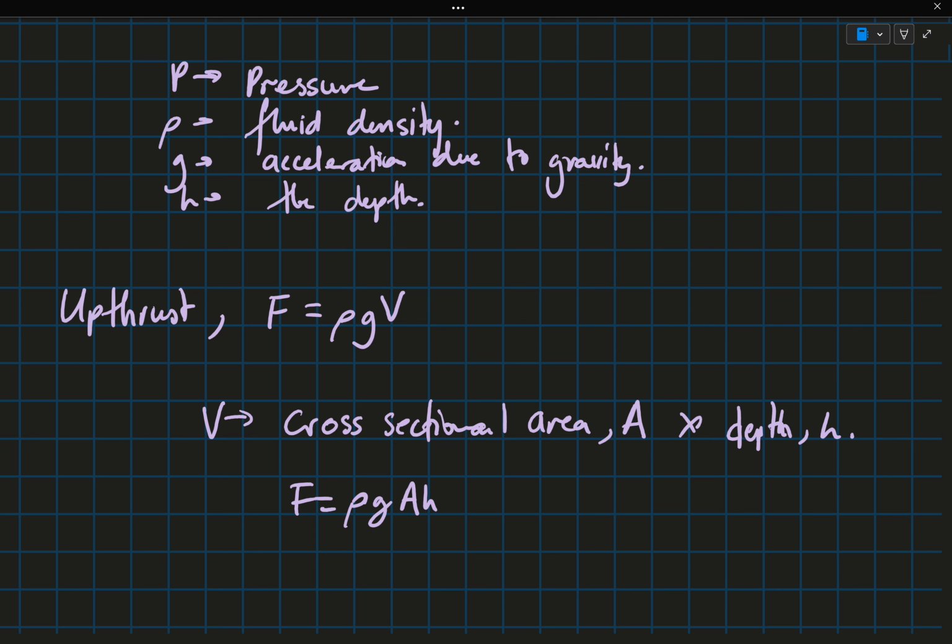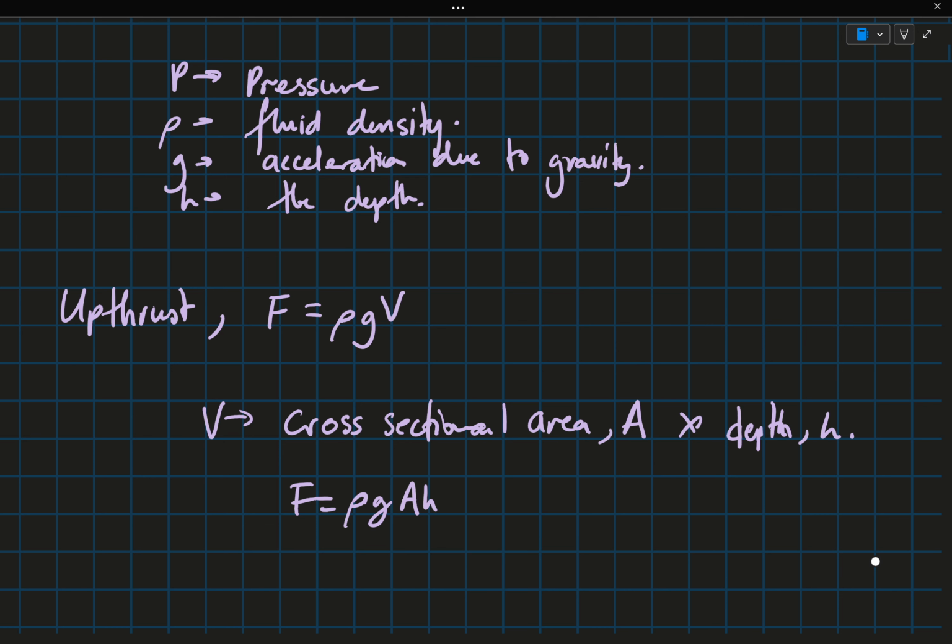So we're looking at the area of the thing immersed in the liquid. If we were placing, let's say, a cylinder in the liquid itself, we have to look at the cross-sectional area A of the entire thing, and then multiply it by how much of it is actually submerged in said liquid.